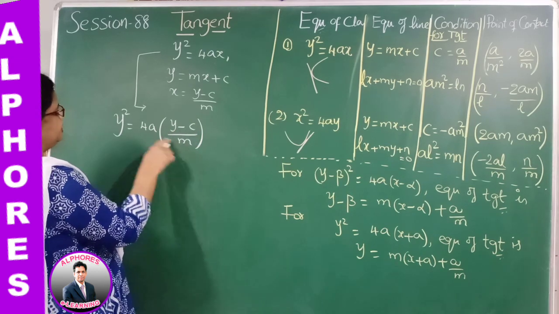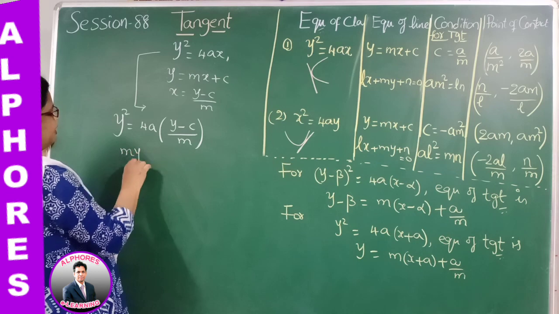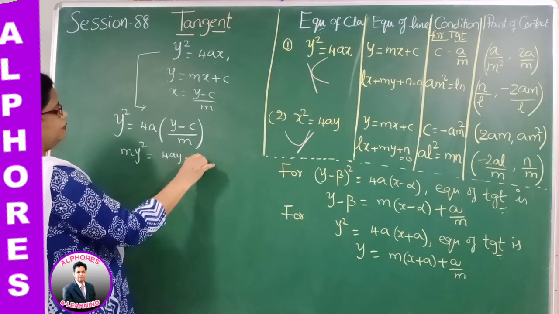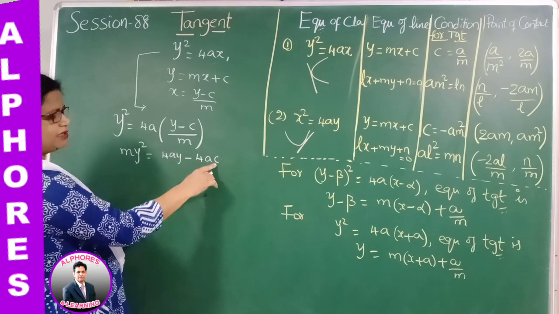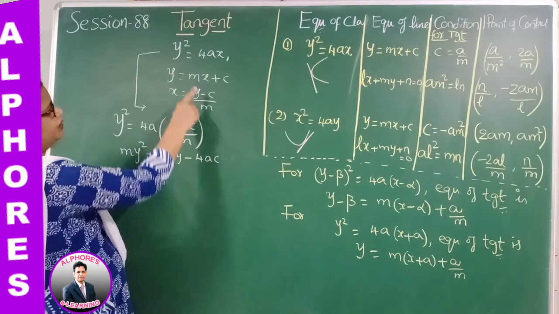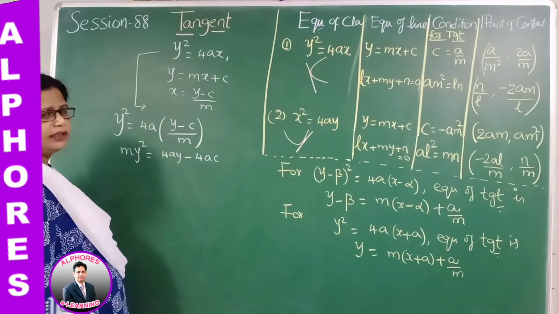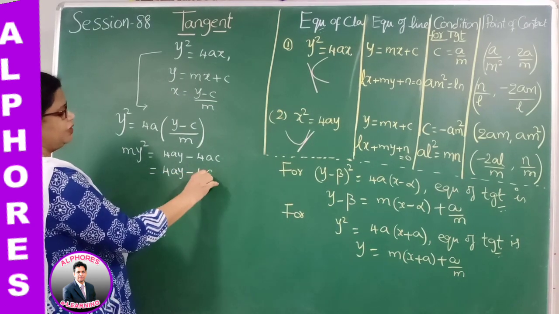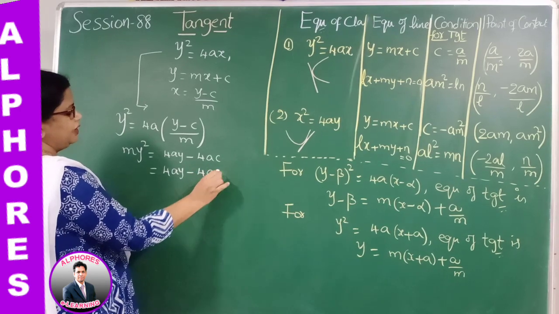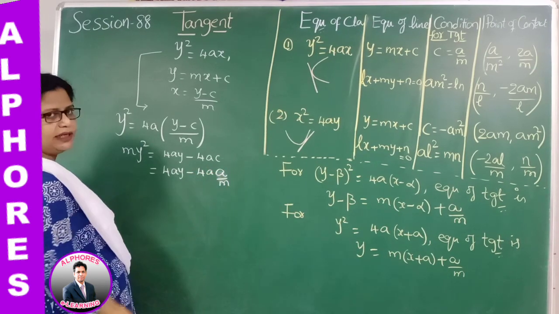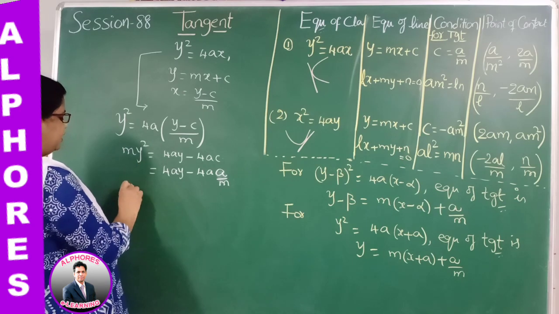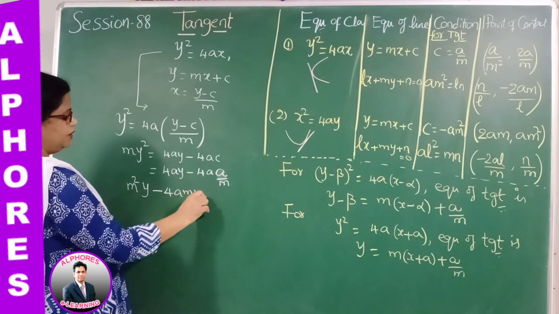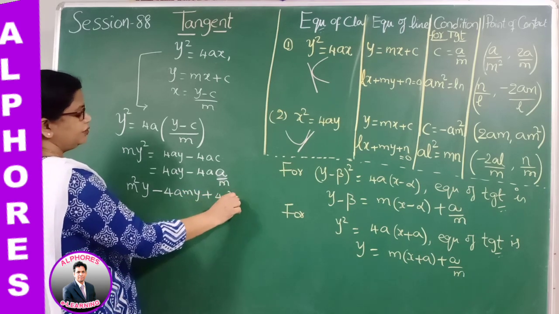Now cross multiplying, m y square is 4ay minus 4a into c. Let us substitute c as a by m, because this line is a tangent. Taking LCM, we get m square y square minus 4am y plus 4a square is equal to 0.